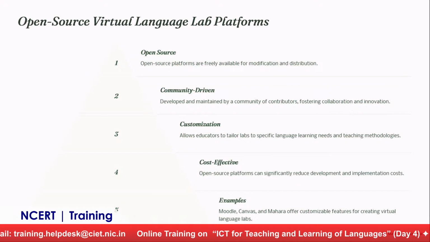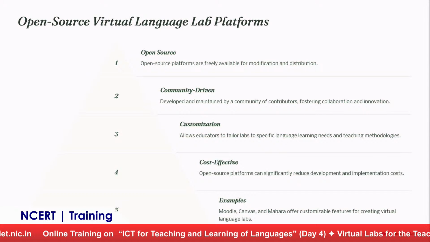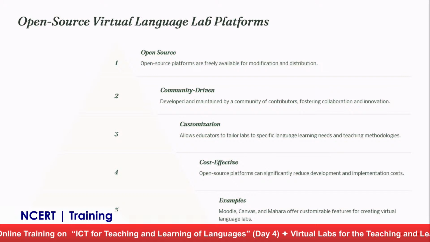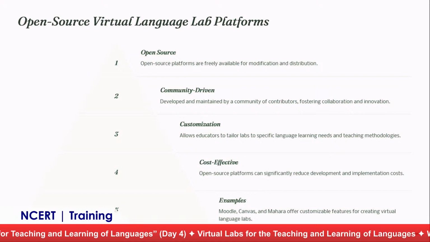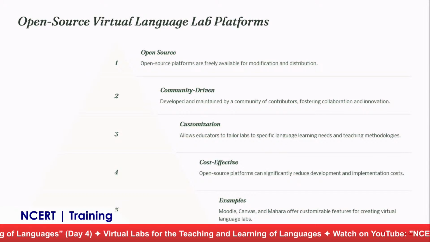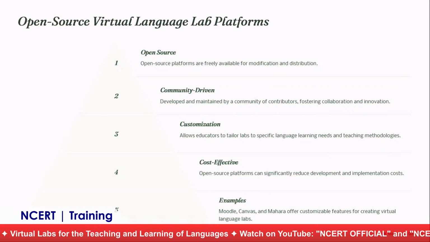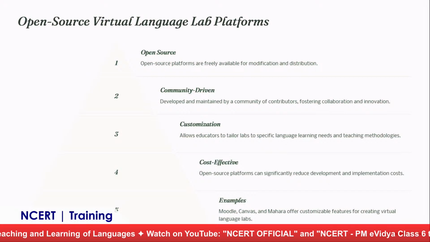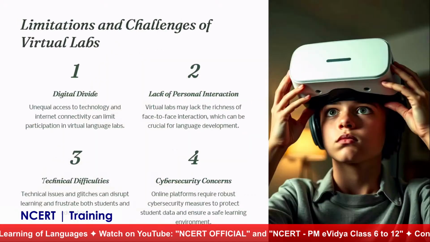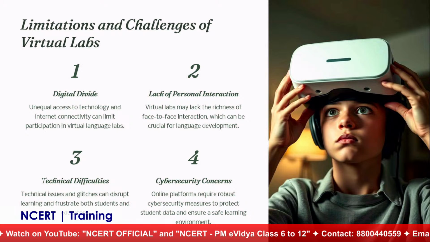And customization. It allows educators to tailor labs to specific language learning needs and teaching methods. Most important thing about any open source platform is that it's cost effective. That's why it's called open source. So a few examples are Mahara and Moodle and Google Classroom, as we have already seen.